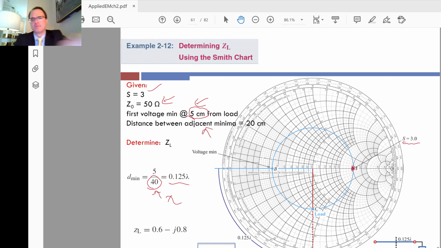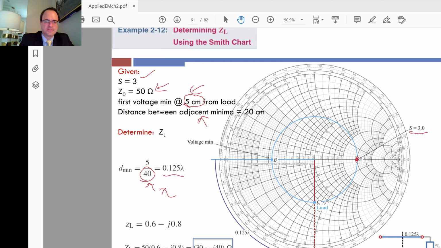So we know that the reflection coefficient is going to be along this curve defined by this standing wave ratio. All right. Okay. So we now have this line right here, this blue line that will connect up all the relevant points in this example.